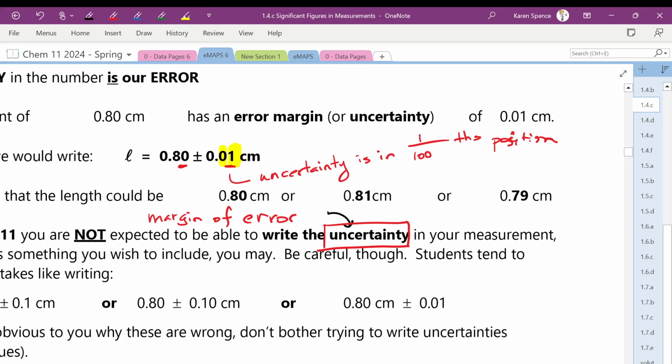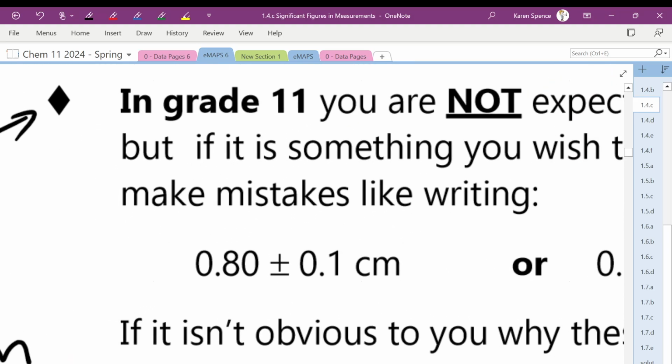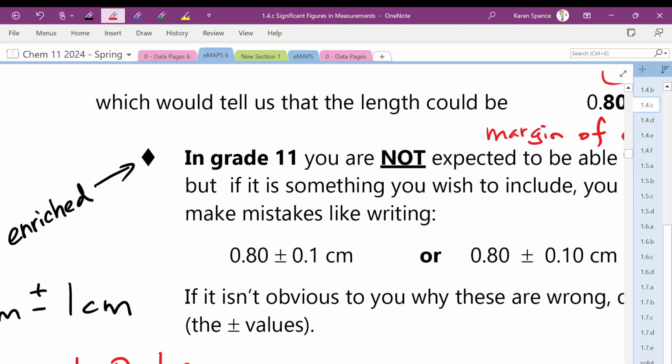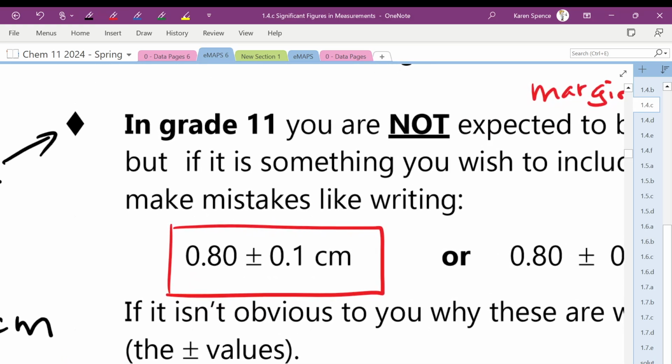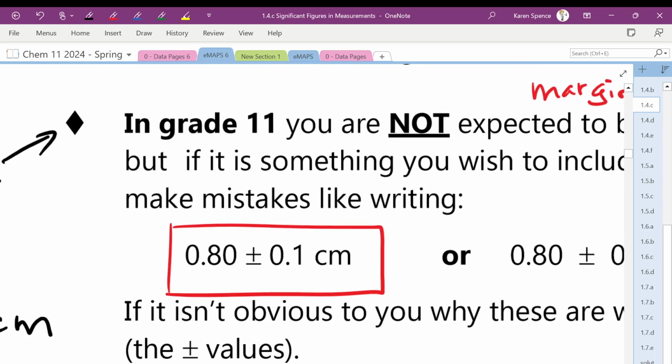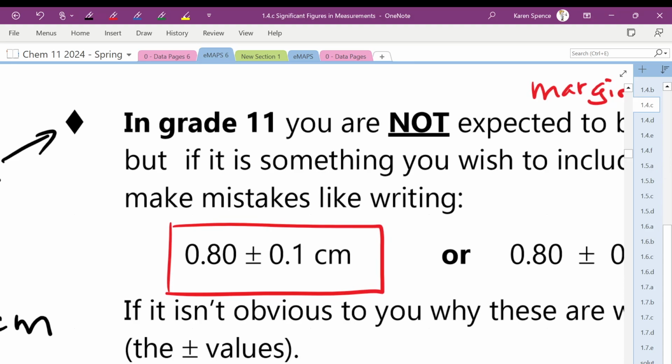Now, here's some mistakes students often make. What is wrong with this one here? Tell your partner, what is wrong with our uncertainty in the red box?